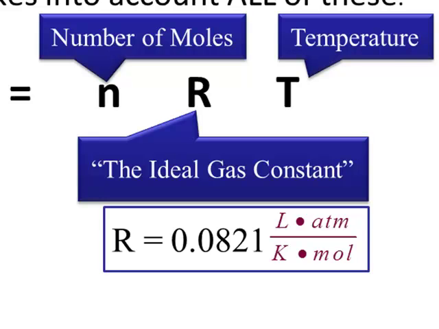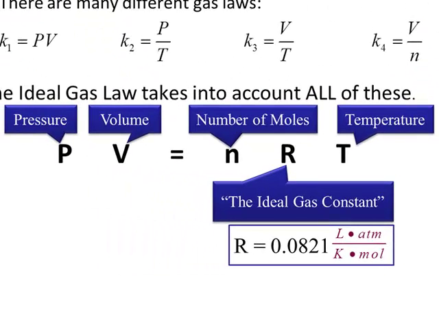It's a little bit like miles per hour, just with a little bit more labeling. The advantage to having that strange-looking unit is that it tells us, in order to use this value for the ideal gas constant, our volume would have to be in liters. Our pressure would have to be in units of atmospheres. Our temperature would be in Kelvin, and finally we would also have the number of moles.